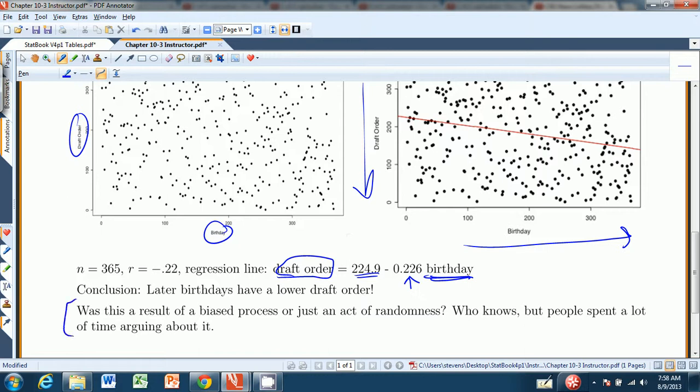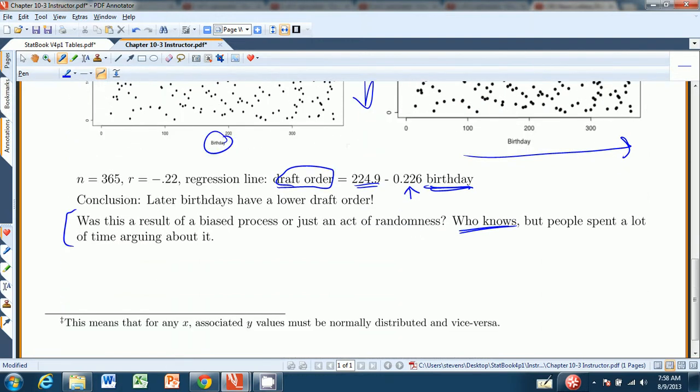So the question: was this a result of a biased process? Was the process in error? Should they redo it? Or was it just an act of randomness? And there's been speculation, but who knows? But the people spent a lot of time arguing about it, right? It was a pretty severe result, because you were going to Vietnam, and that was not a pleasant place to be.